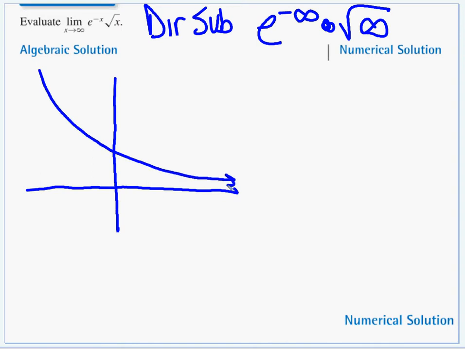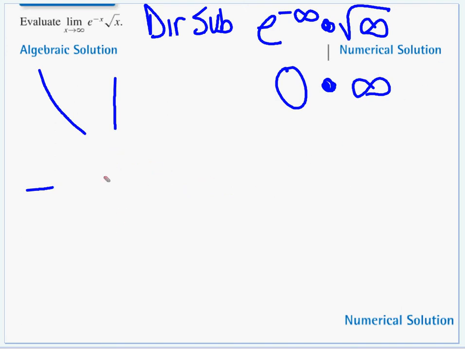Negative exponents go downhill. So as we head out toward infinity, that is going to head us for 0 times the root of infinity, which is still infinity. When you square root it, it's going to slow it down, but it's going to keep marching toward infinity. So direct sub gave us this form 0 times infinity. It's not in any form that we can use.